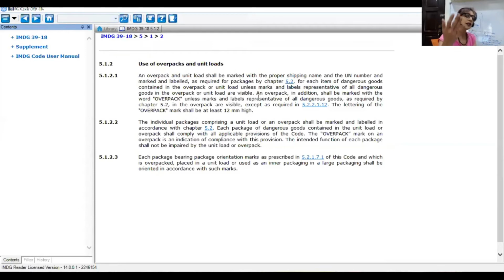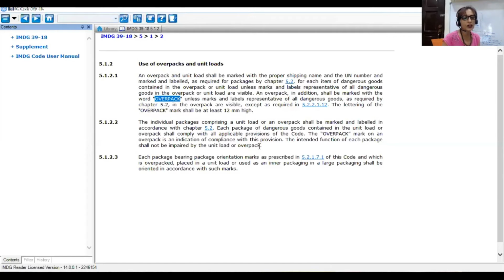So they say if you can see the individual marks and labels on the packages that you have unitized on that pallet, then no need. But if you cannot see, please put the mark and label, because it must be easily identifiable. But in addition to that, an overpack shall be marked with the words overpack. So now they're telling you, you must indicate the letter overpack, and they tell you the height of the letters.